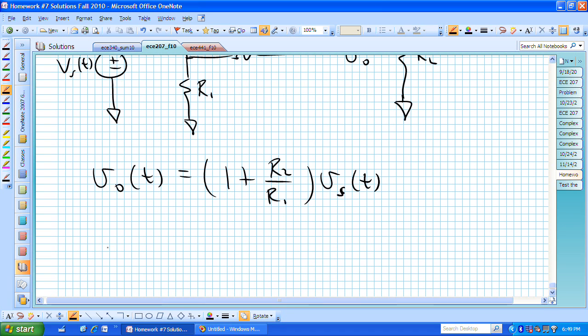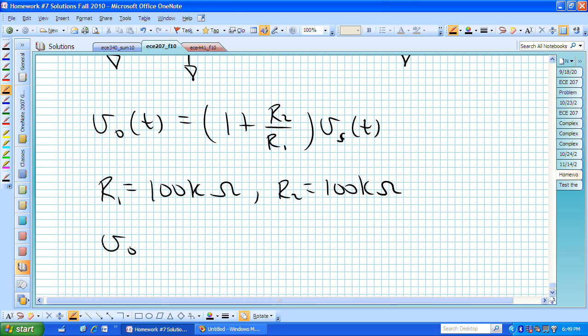Our two resistors are actually equal, 100 k ohms each, which allows us to say that V naught of t is going to be 1 plus 1, or 2 times V sub S of t if we do not have any restrictions.